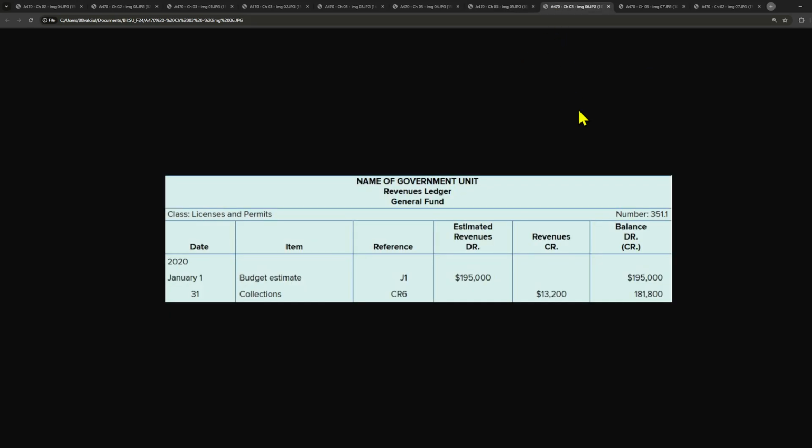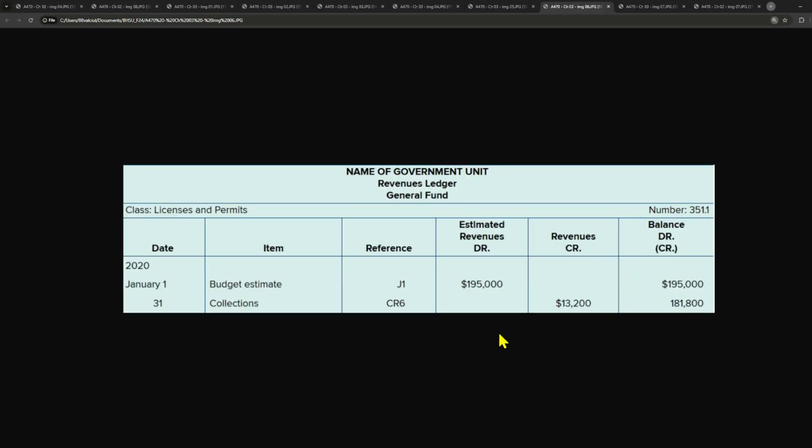And so you might want to say, okay, this was my budget estimate as far as revenues. You can see this is the revenue ledger. And you want to say my budget estimate was, we're supposed to have estimated revenues of 195,000. Now, again, remember, the estimated revenues are a debit, and revenues, you can see here, revenues are a credit.